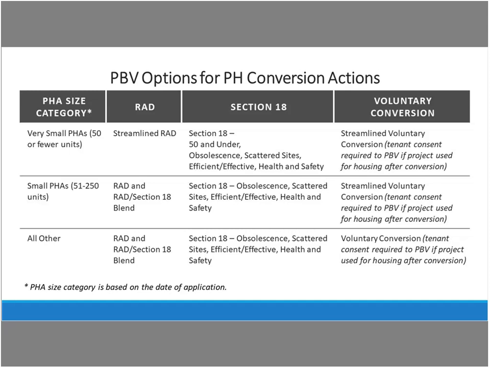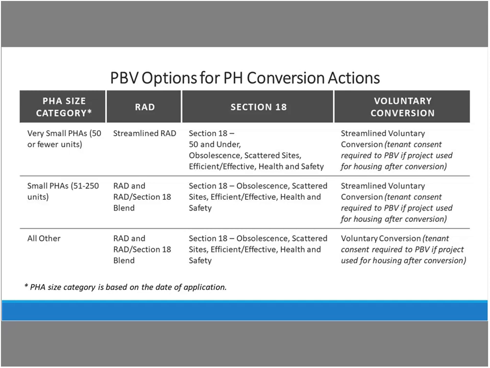Or under Section 18, there is the 50 or under, and then obsolescence, scattered sites, efficient, effective, and health and safety justifications. All of those are eligible. If you are at 50 or under, the 50 or under justification is your most straightforward. Under voluntary conversion, which is Section 22, there is the streamlined voluntary conversion, which is eligible to you, and all of the considerations that apply and all the rights which tenants have apply under that version.